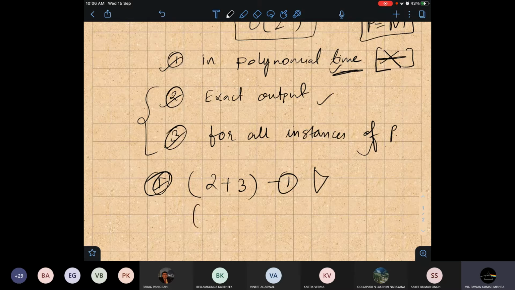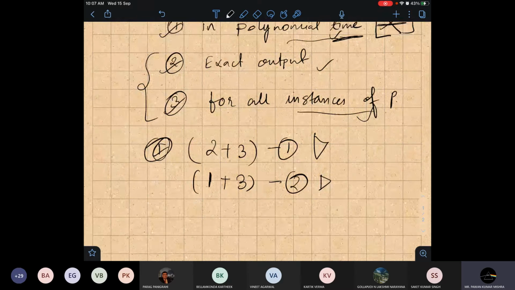Another is where we consider one and three: we solve in polynomial time and for all instances, but we do not get the exact output. We aim for an output very close to optimal.